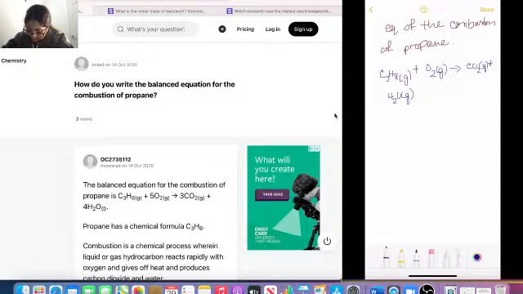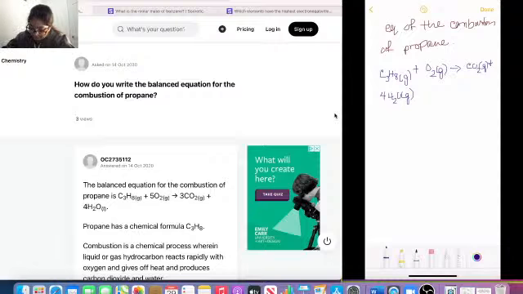Okay, basically you have 8 hydrogens here, right, in your reactants, and so you need 4 waters to balance the equation on the product side. Let's do carbon first.